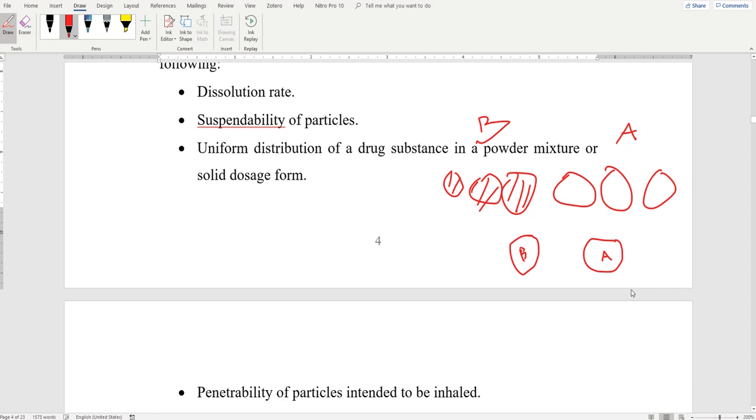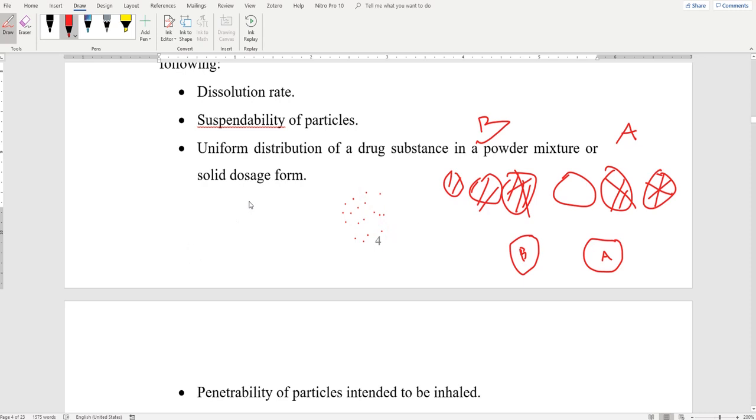So the solution for this is to break the particles to very very small pieces. So you break all the particles to very small pieces, so now you have particles in this way.